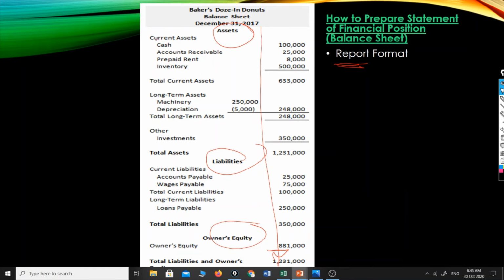Okay, so we have here the current asset, you total the current asset, and then the non-current asset, and then total asset, of course. For the liability, current liability, long-term liability, or non-current liability, and then the total liabilities. And next, the owner's equity here. And then the last part is the total liability and owner's capital.